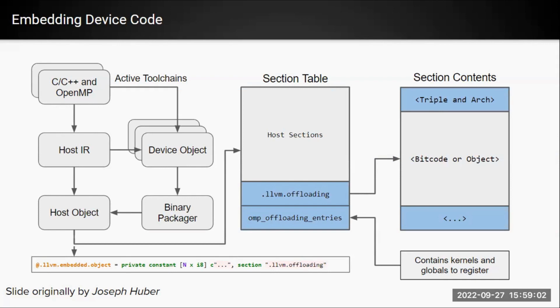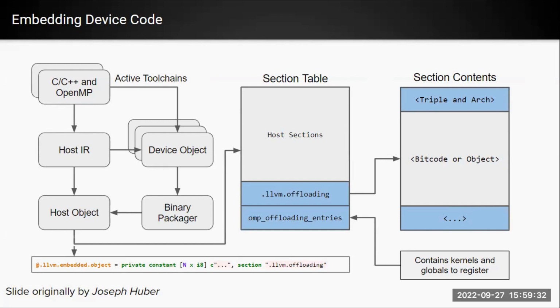So how is this actually handled? Active tool chains are all of the devices and sub-targets that you enable. So you can compile for SM80 and GFX908 at the same time. So you have two active tool chains. One is an NVIDIA SM80, and the other one is an AMD GCN GFX908, which is like an A100 and an MI100.